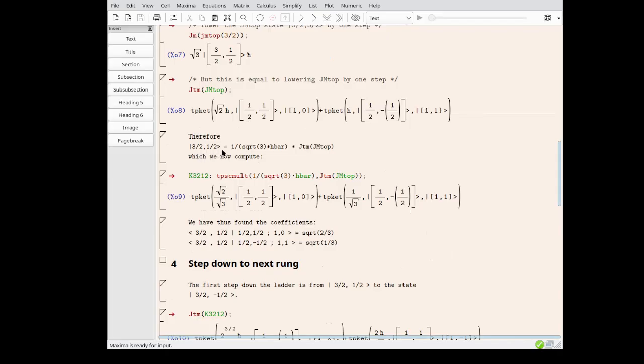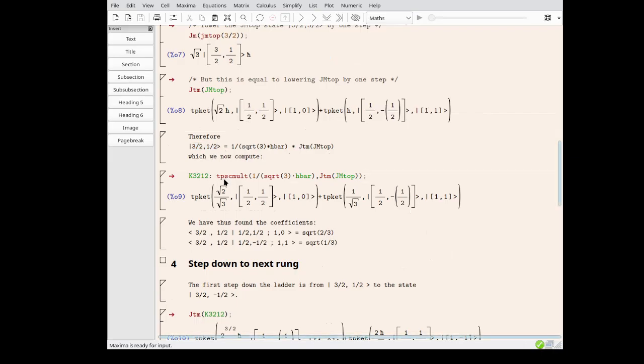So once we compute what this state is, 3/2 1/2 has to be equal to 1 over the square root of 3 times h bar times this J total minus of JM top. We can call this new ket K 3/2 1/2 in terms of the total JM.